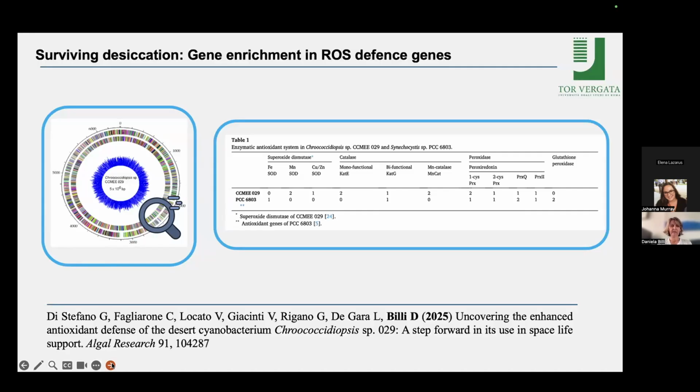This is another strategy to cope with desiccation, because at the onset of desiccation there is an impairment of metabolic function and an increase of reactive oxygen species. So it is good to keep the production of ROS as low as possible.